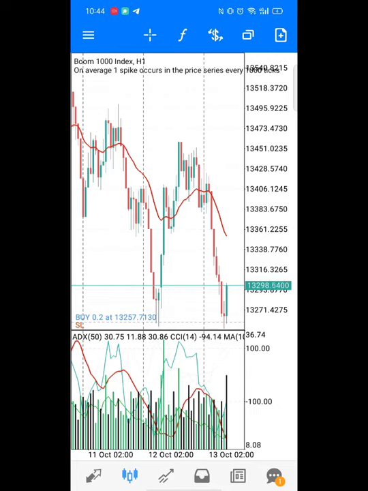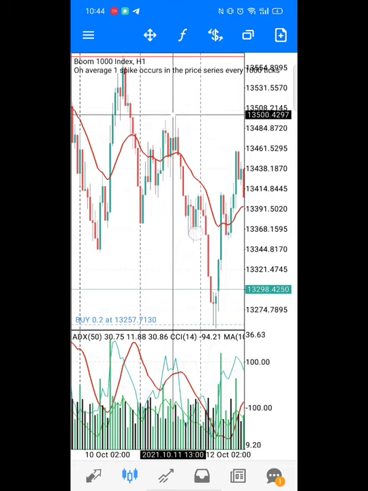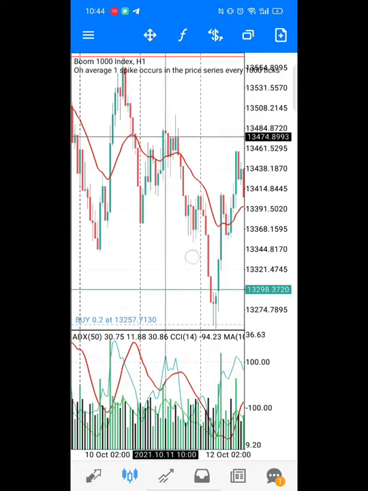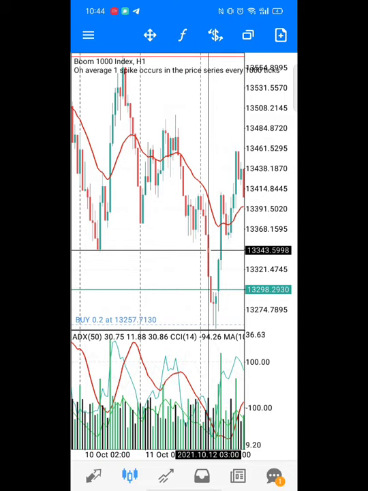These are all candlestick patterns and they indicate different things in the market. Most of them indicate reversals. Like this candlestick pattern right here, it indicates a reversal. It shows that buyers were exhausted at this point and sellers took over.